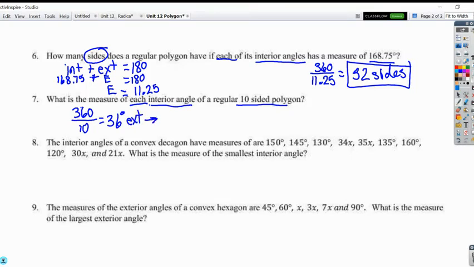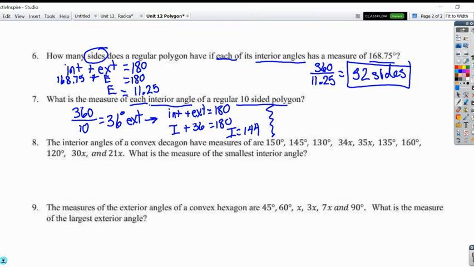Then go ahead and convert that into an interior angle, again using that interior plus exterior as a linear pair idea so that they have to equal 180. So what is that interior measurement that I can add 36 to and get 180? That would be 144. So that's one option that you could have to solve.